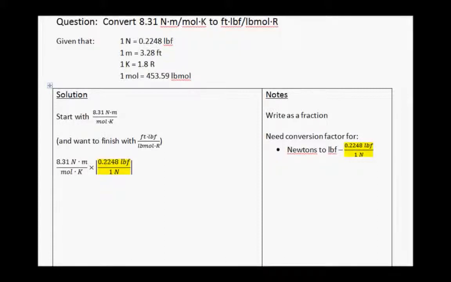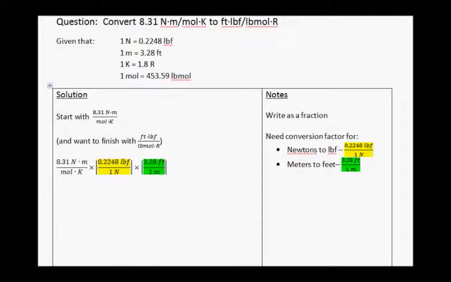Now to change meters to feet, we have the given information that 1 meter equals 3.28 feet. And we need to make that into a conversion factor. We need meters to be on the bottom and feet to be on the top, so we multiply by 3.28 feet over 1 meter, and I'll add that to the sort of multiplication train we have going here.